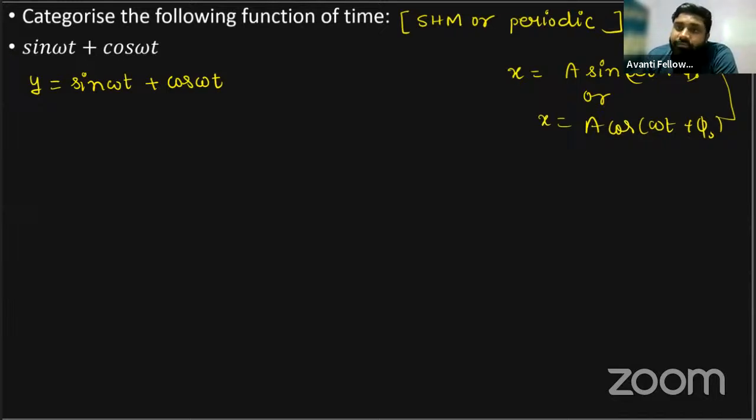Another way to check whether it is SHM or not is to differentiate it twice. I have already discussed the condition for SHM.